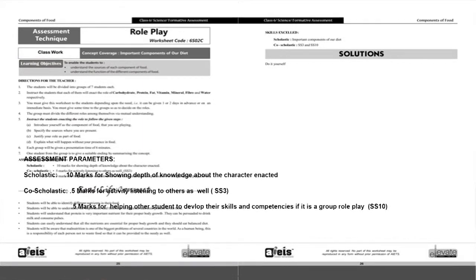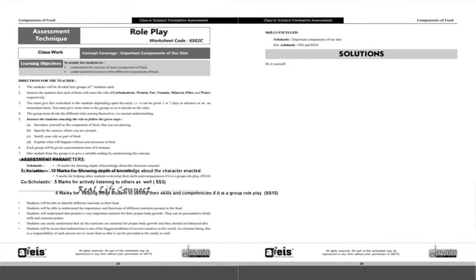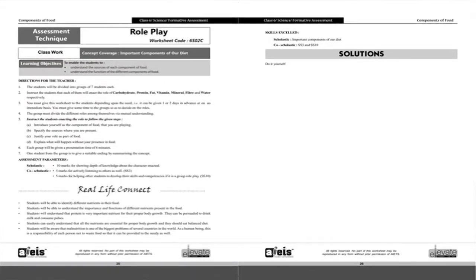Student will get marks out of 10 for the depth of knowledge for the topic which they selected to prepare and they have delivered in the class. Co-scholastic domain, the child is being assessed through this activity on social skill number 3 and social skill number 10.